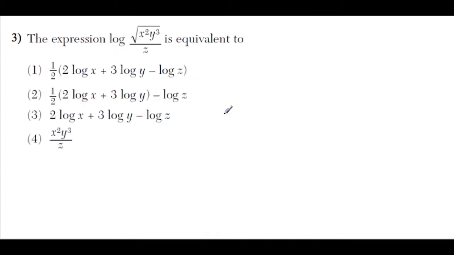Number 3. Here, we get to realize that we have division, so therefore we get to have it as log of the square root of x squared y cubed minus log of z.